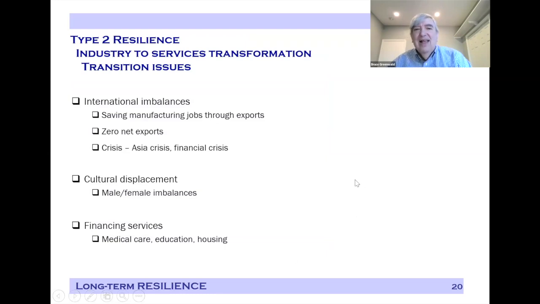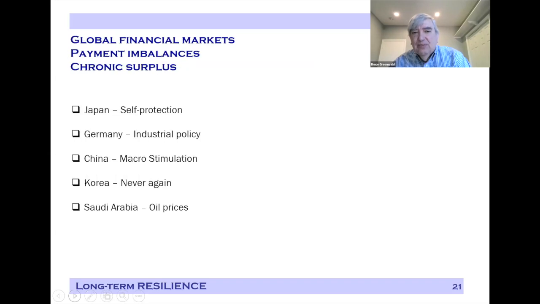Okay, so in terms of transition issues, what you've had is international imbalances for very long periods of time, because you have permanent exporters. The Japanese have run large and, until recently, growing surpluses for years. Germany has run large and growing surpluses for years.